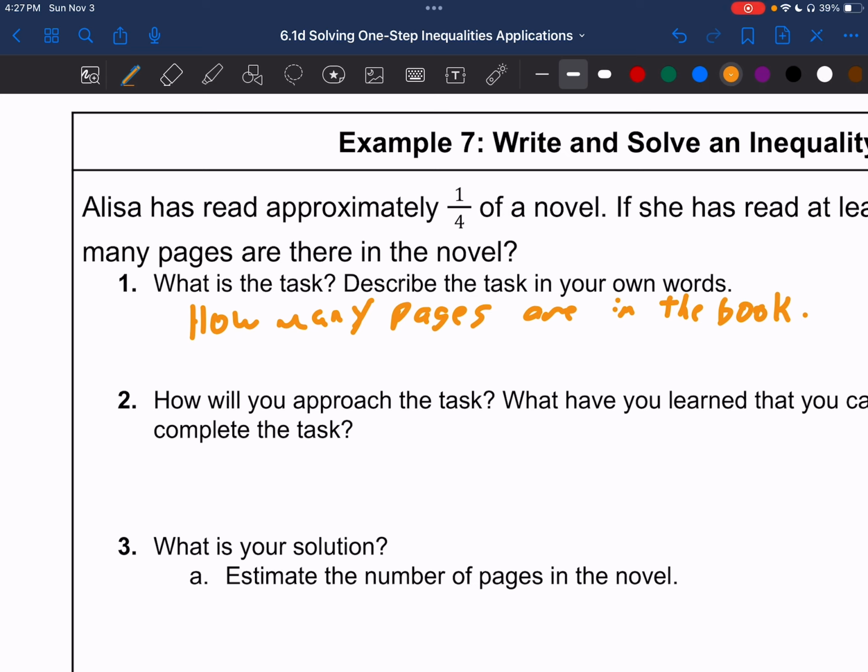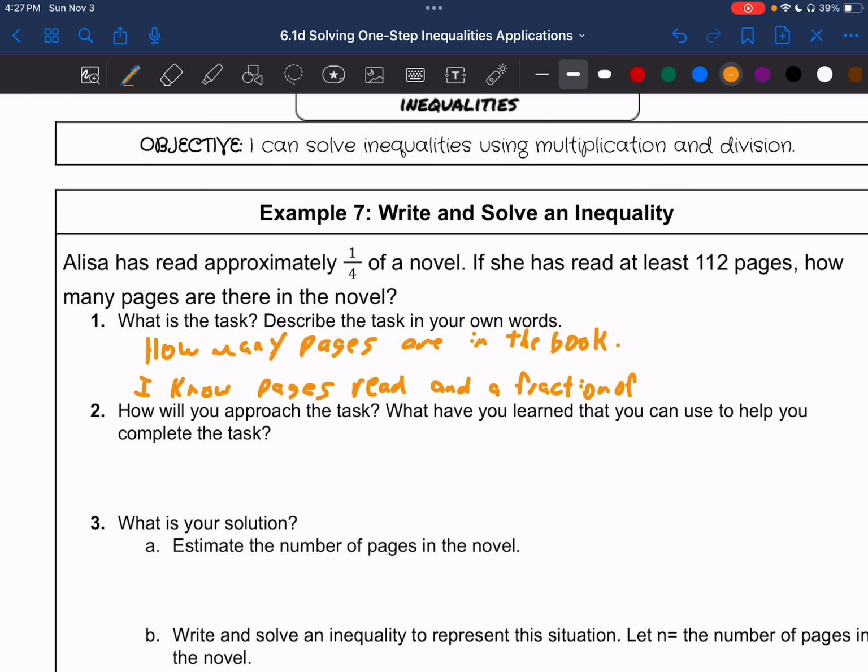Let's see. I know the pages read, and I know a fraction of the novel. So how am I going to approach the task?